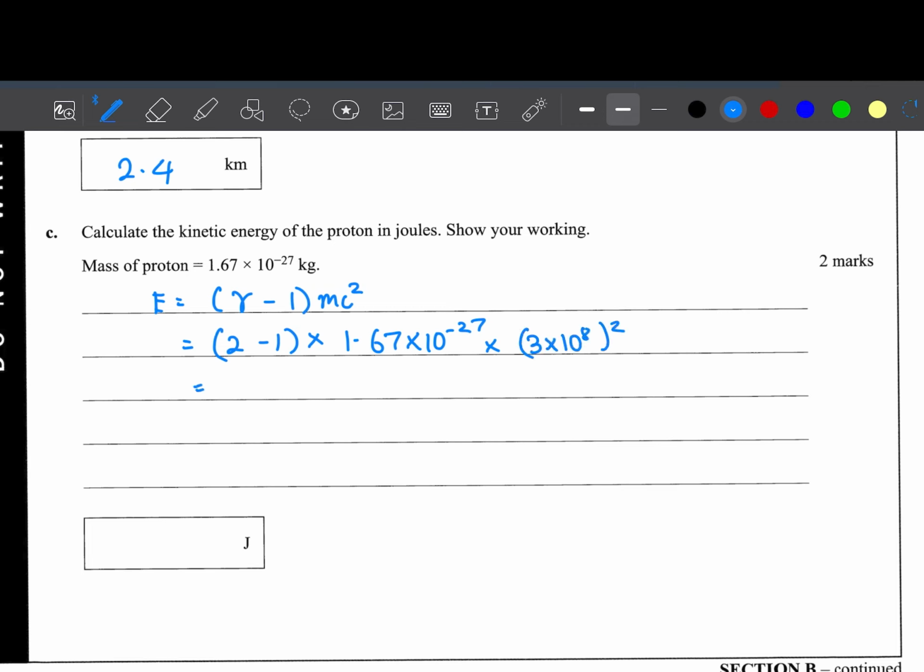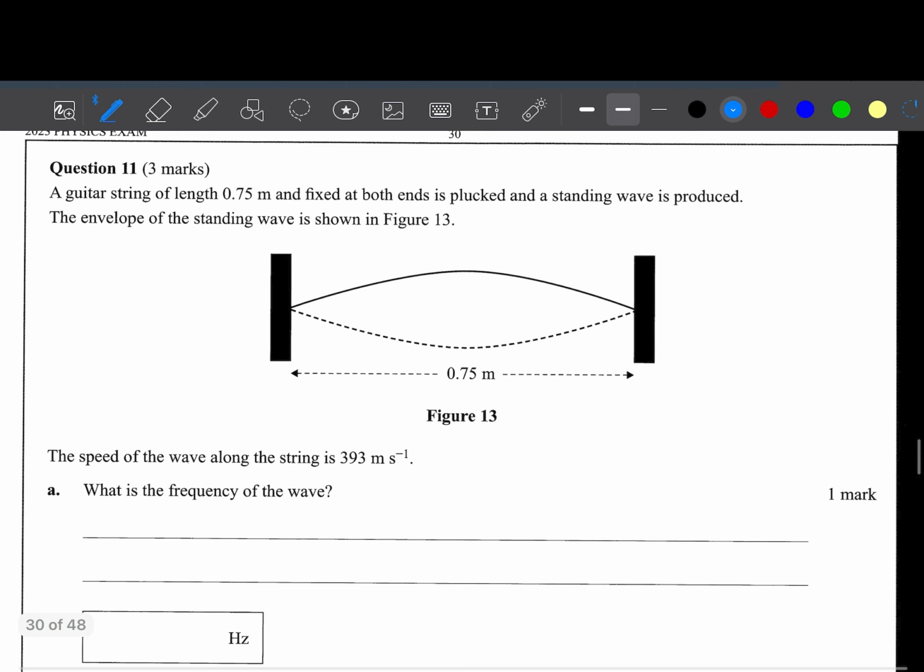So that is going to equal 1.67 times 10 to the negative 27 times 3 times 10 to the power of 8 and whole squared. So we get 1.50 times 10 to the power of negative 10 joules. So 1.50 times 10 to the negative 10 joules.